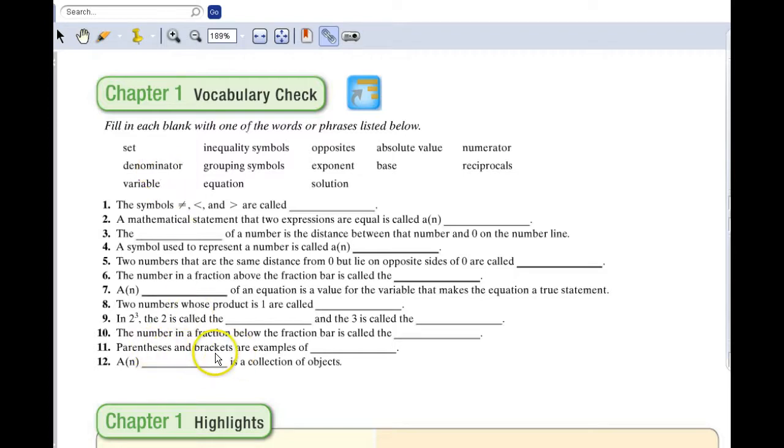Parentheses and brackets and division bars and braces are examples of grouping symbols, as is the radical sign, square root of something. What is a collection of objects? That's our first one up there, a set. Okay, so a little review of vocabulary. Now let's go on.